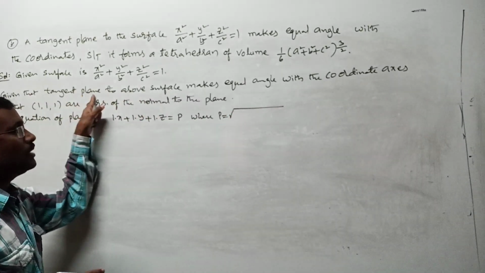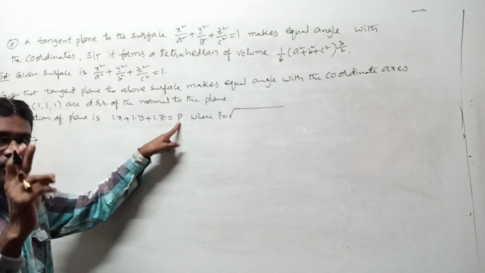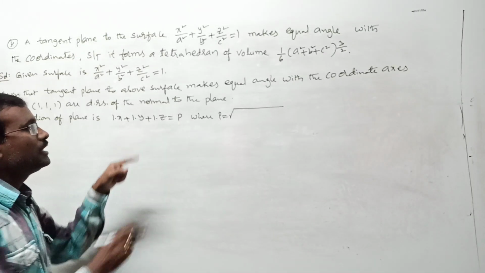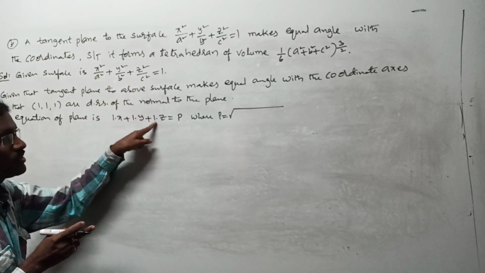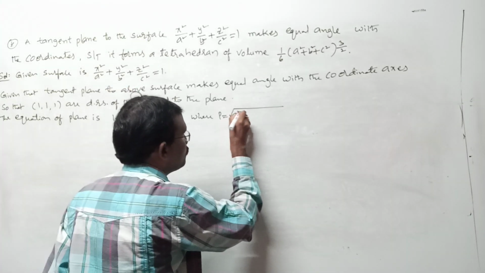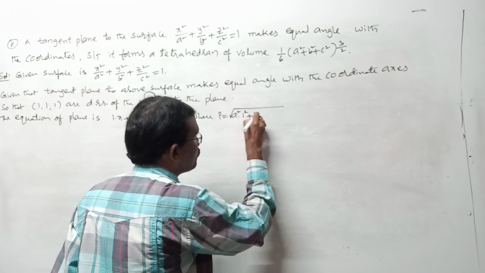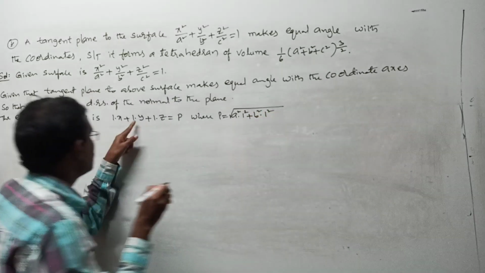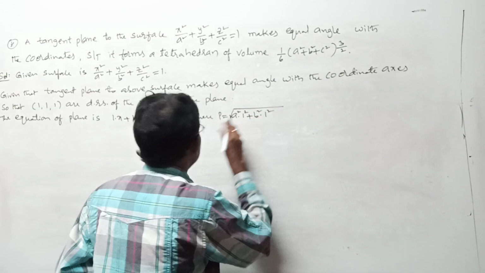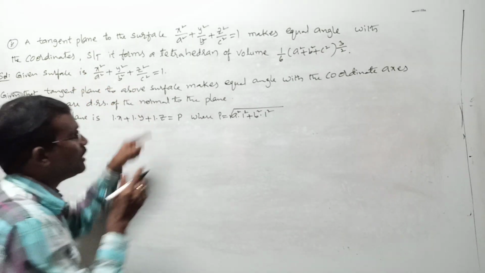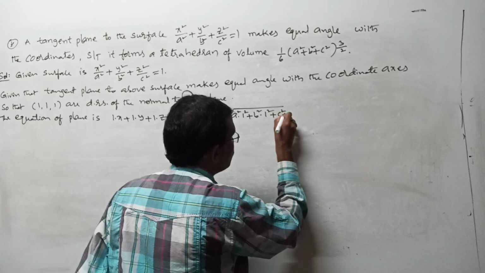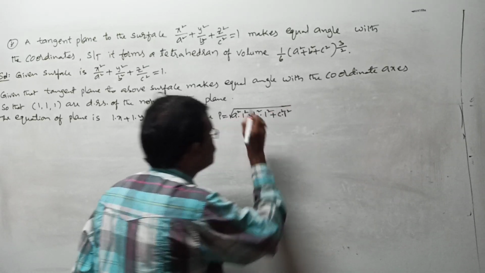Actually this is a tangent plane. What is the theorem number 2 condition according to the tangent plane? It is p square equals a square l square plus b square m square plus c square n square. That one only I am writing: a square into 1 square plus b square into 1 square plus c square into 1 square. This is your p square.